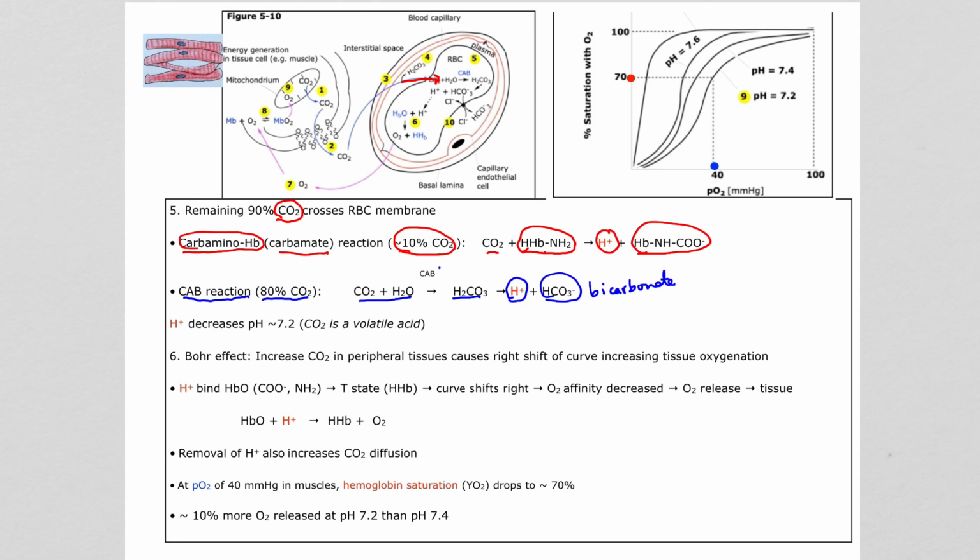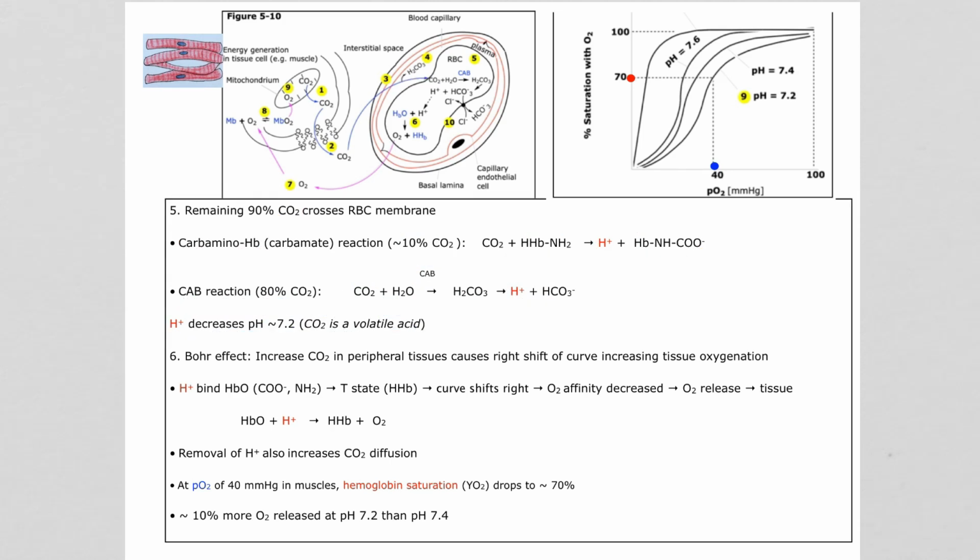So this reaction is catalyzed by the enzyme called carbonic anhydrase. So since carbon dioxide produces protons, we say carbon dioxide is a volatile acid. And these protons are one reason why tissues have a pH that is slightly less than 7.4, so in this case around 7.2.